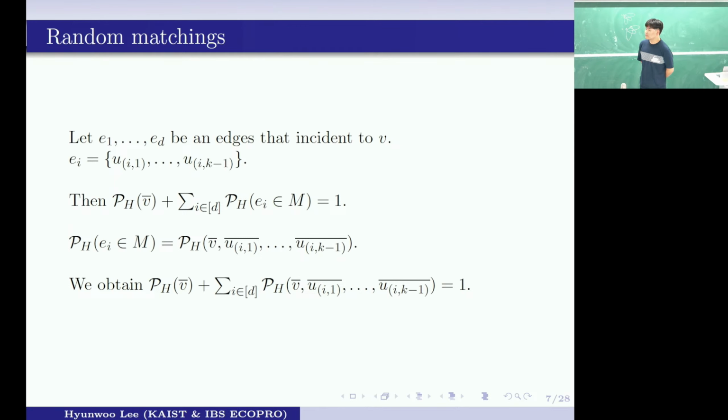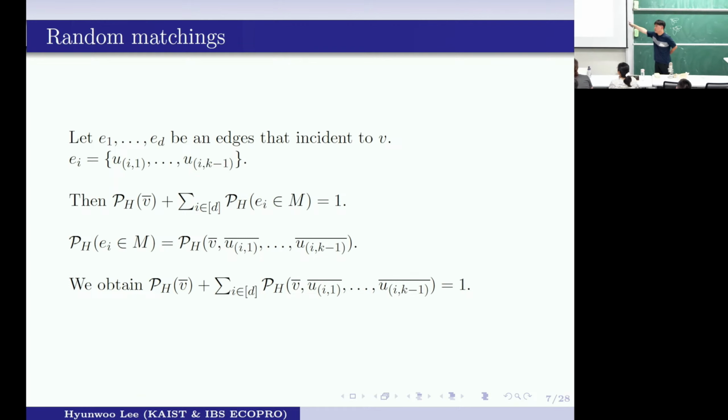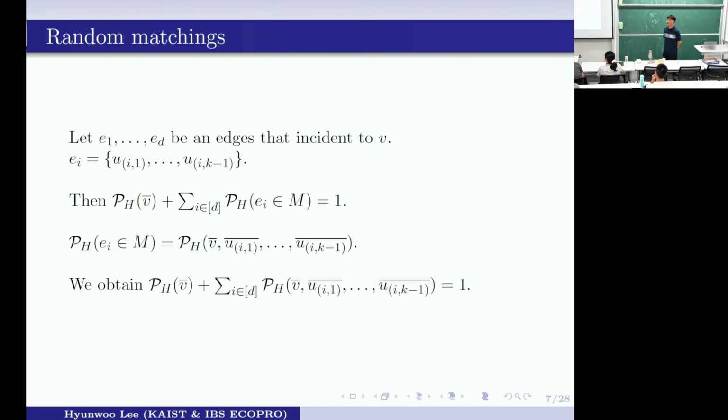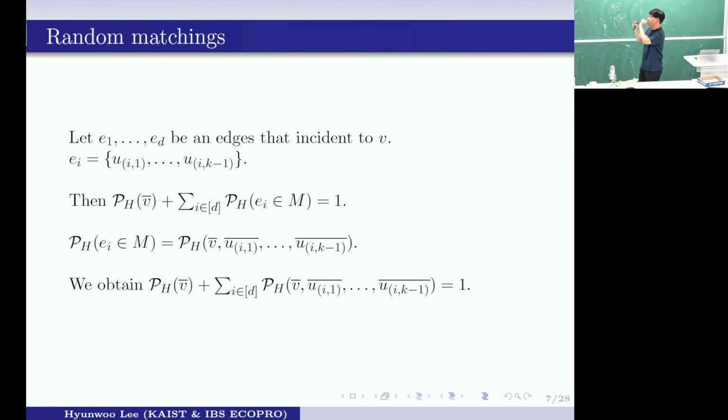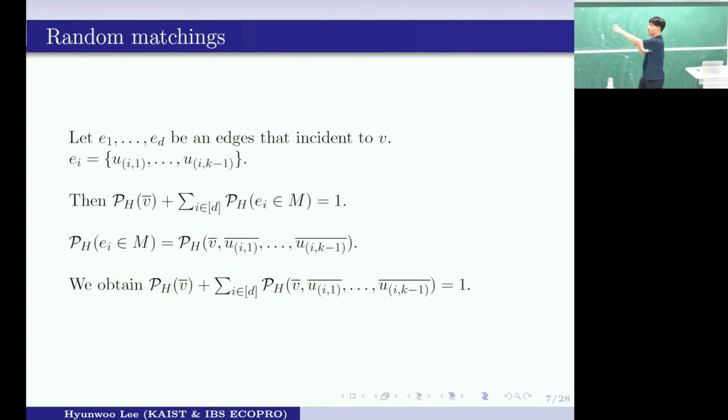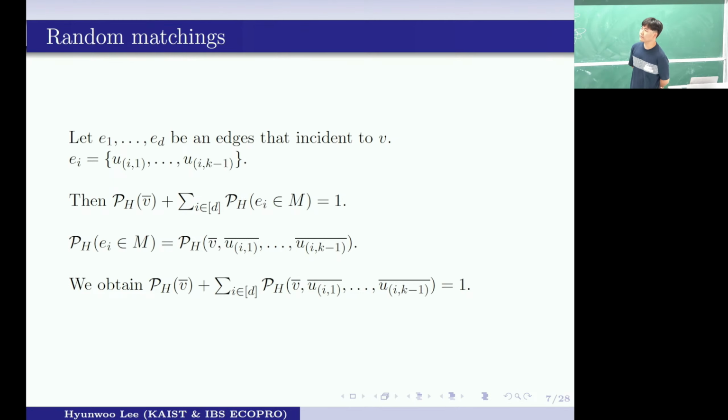The right hand side is the event that the random matching does not cover all of these vertices v and u_{i,1} to u_{i,k-1}. Because it does not cover these, we can just put in the edge E_i, and then it is contained in the event that E_i is contained in M. So there is a one-to-one correspondence between these events. Oh, I see. Okay, yes, this is a hypergraph.